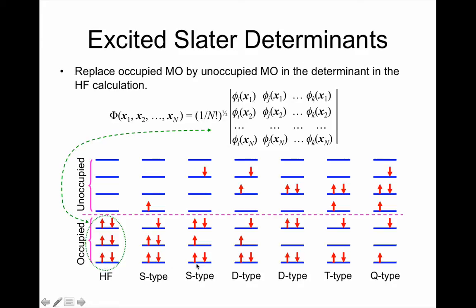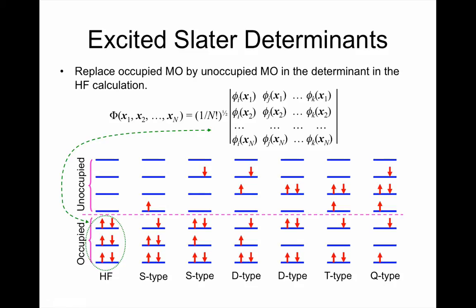We can of course do this in different ways, as illustrated here. We can also excite two electrons, then we have D-type Slater determinants, meaning doubly excited determinants. We can excite three electrons, then we have T-type, triply excited Slater determinants, and we can excite four electrons, then we have quadruply excited Slater determinants.